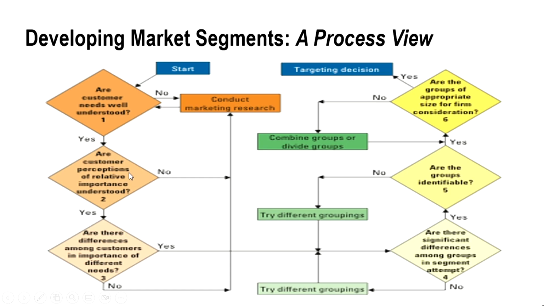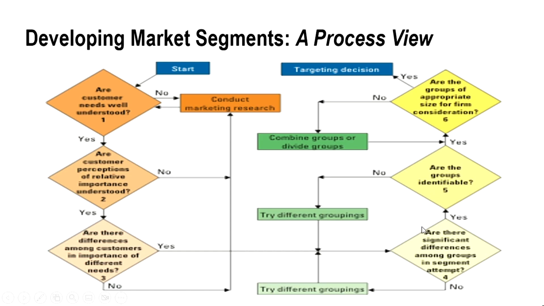Are our customers' perceptions of relative importance well understood? Again, if no, then you go back to the market research stage. If yes, then you go forward. So, this is how it goes. You can easily understand the different stages, like: are significant differences among groups in segments understood?